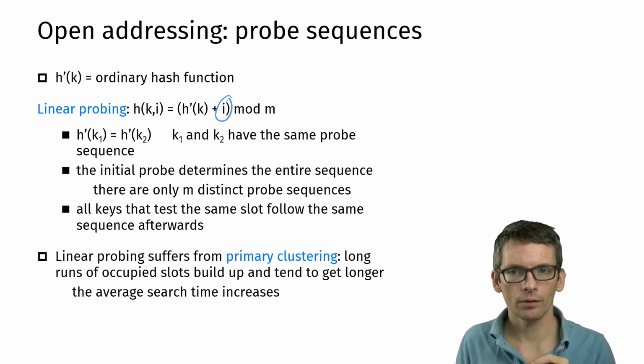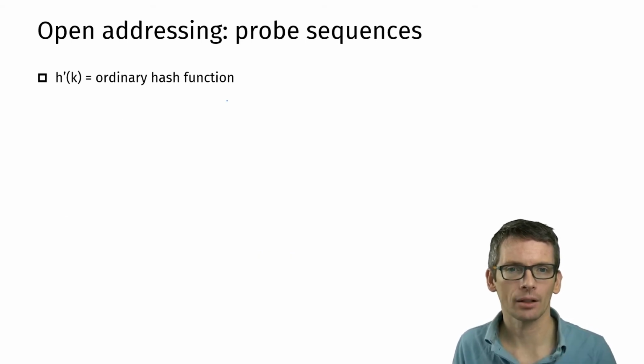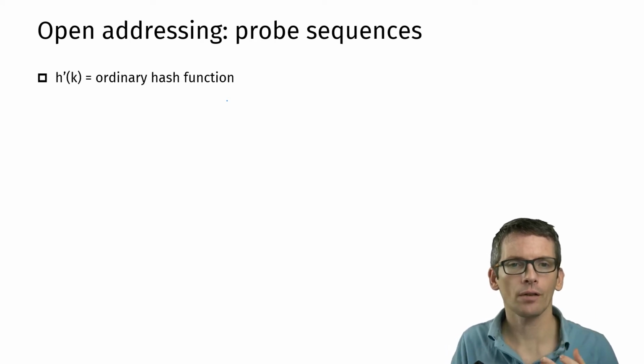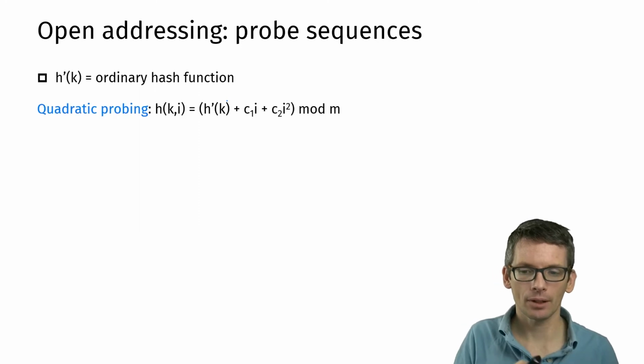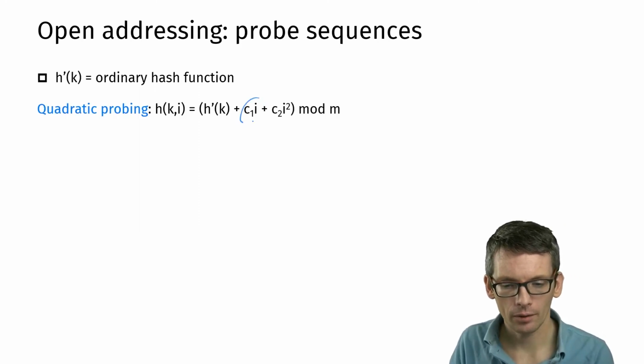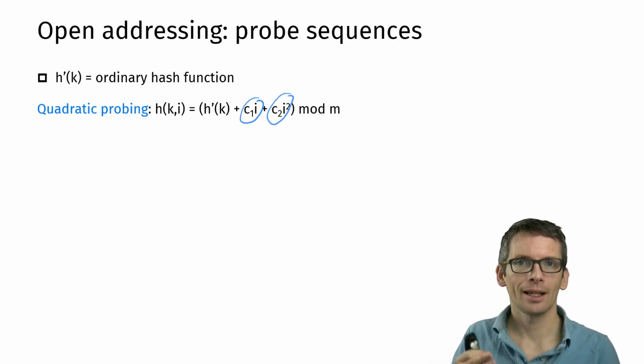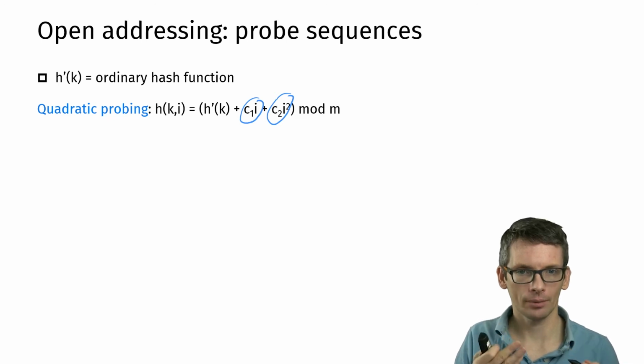An alternative is quadratic probing. Quadratic probing also uses an ordinary hash function, and then instead of the plus i, it has this linear term, c times i or c1 times i, but then also a quadratic term, c2 times i squared.